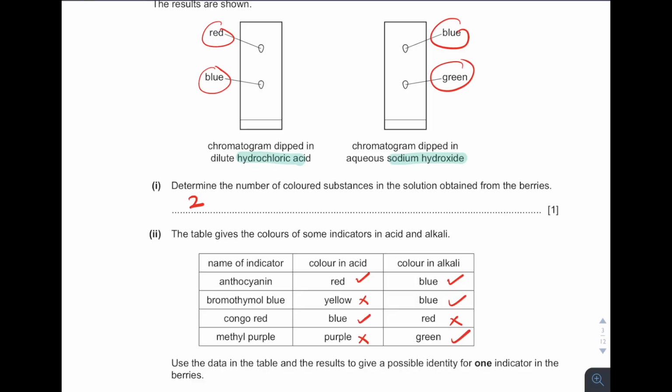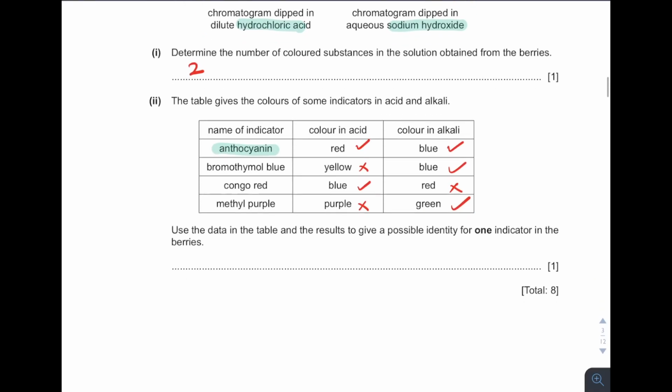So which indicator shows the colours in both acid and alkaline, the same as the one given in the chromatograms? The answer is anthocyanin. That's it. So this is how you look for the answer.